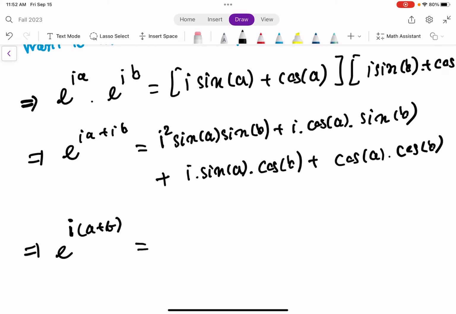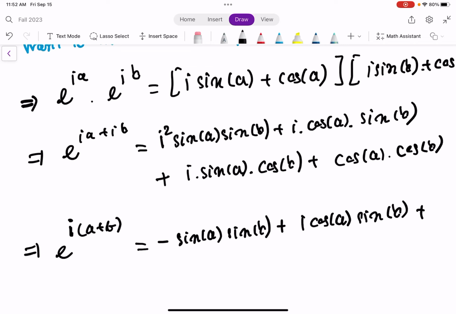Recall the definition of the imaginary number: i squared is negative 1. So this is negative sine a sine b plus i cosine a sine b plus i sine a cosine b plus cosine a cosine b.